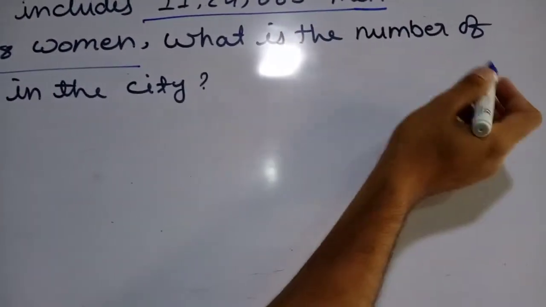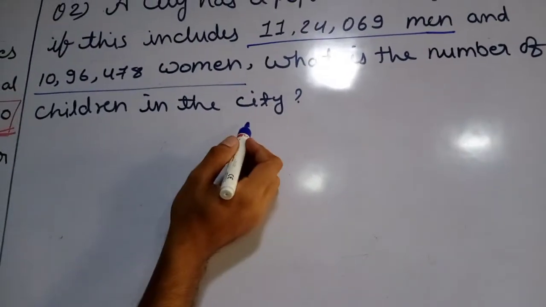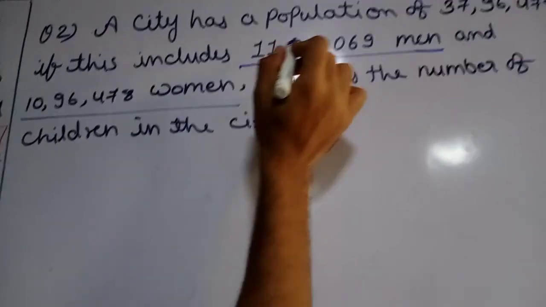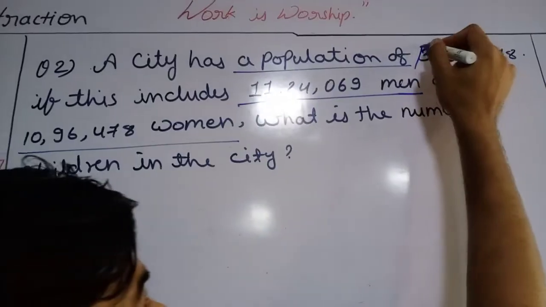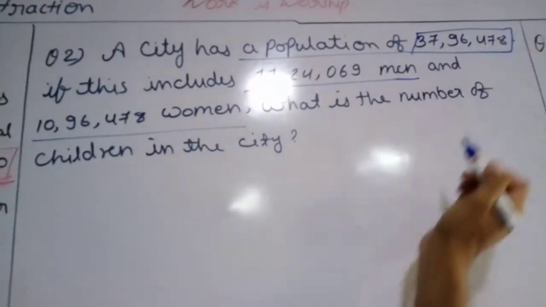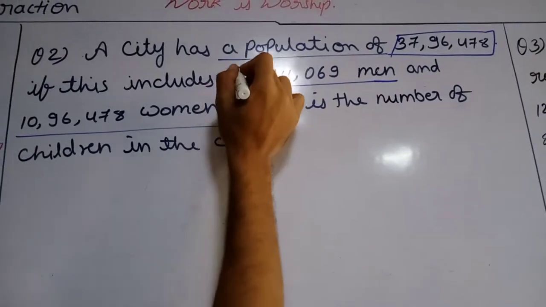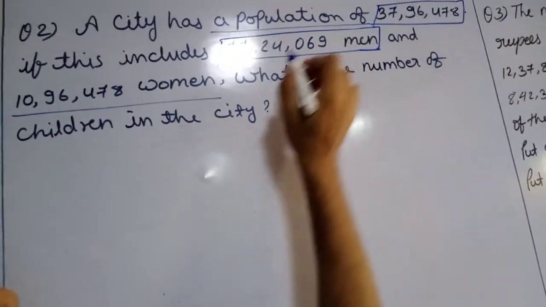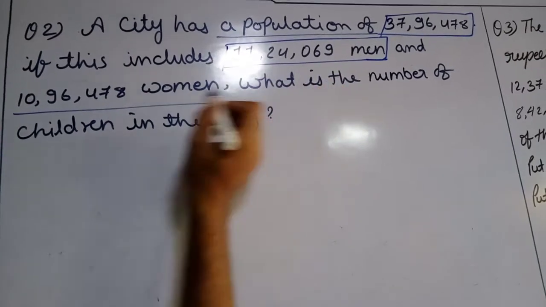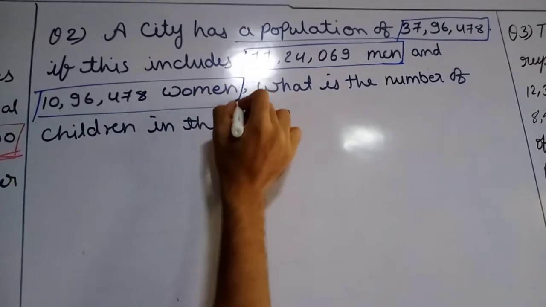What is the number of children in the city? As we learned, first the total population is given, 37,96,478, and the population of men is given, 11,24,069. The population of women is given.